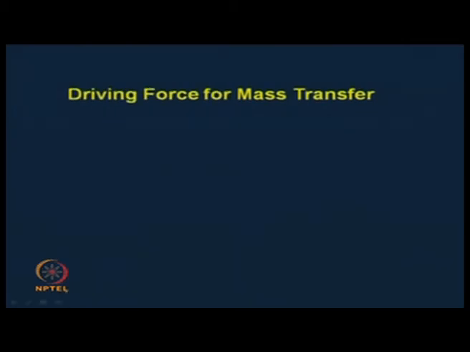Next, we want to know what is the driving force for mass transfer. To understand the driving force for mass transfer, let us consider the system between gas and liquid. In this case, the system is initially at non-equilibrium conditions.